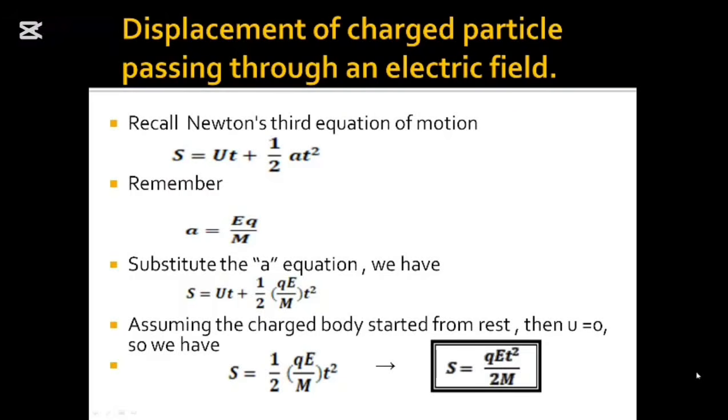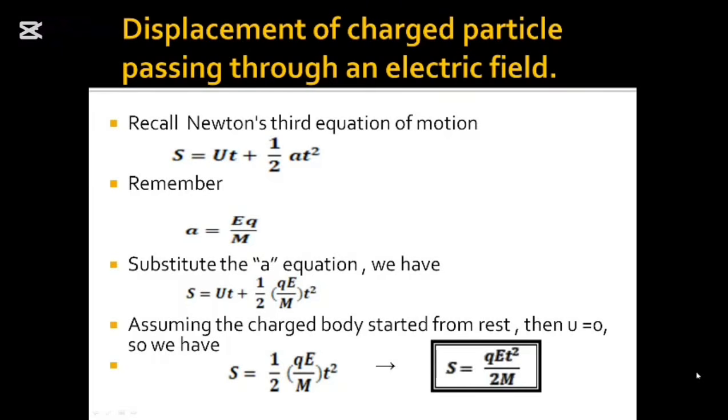Now assuming the same thing, that the charged body started from rest, what happens? Anything that is attached to 0 or anything that is multiplied by 0 goes to 0. 1 million times 0 is 0. So ut, that means if u is 0, 0 times time will still be 0.